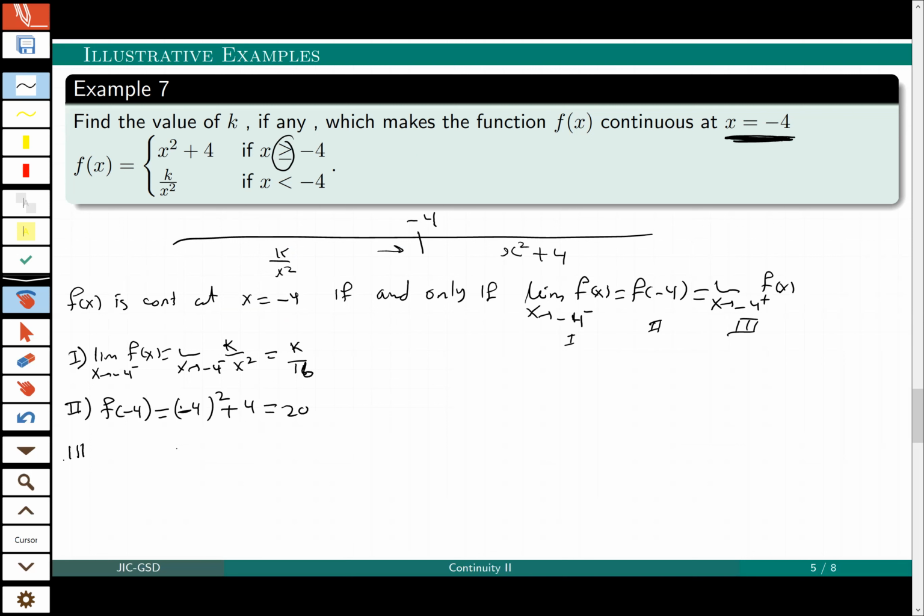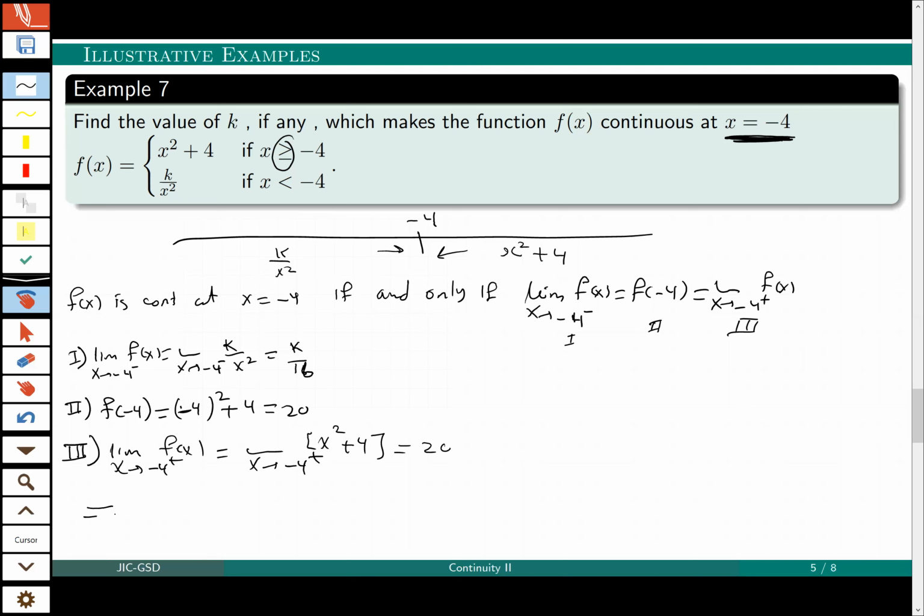And the third condition, the limit when x goes to -4 from right of the function. The function will be what? X squared plus 4. So when you substitute, you will get again 20.